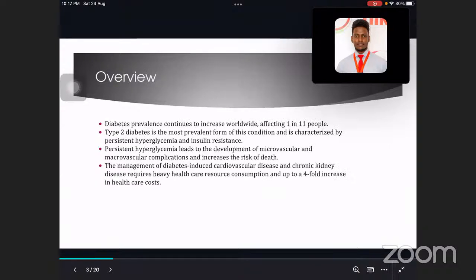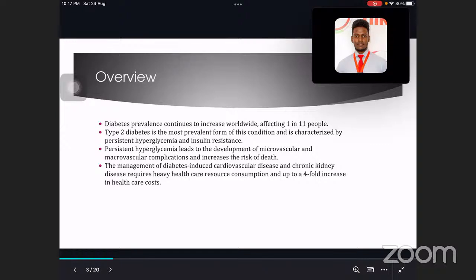As we all know, the growing prevalence of diabetes mellitus continues to increase worldwide, affecting one person in every 11 people. Type 2 diabetes is the most prevalent form of this condition and is characterized by hyperglycemia and insulin resistance.